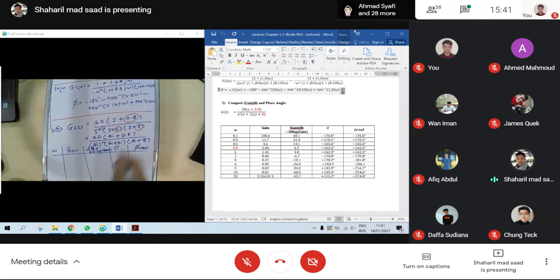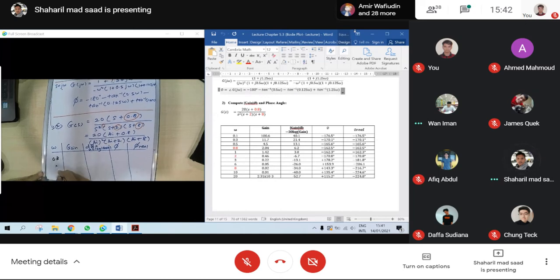So 0.8 here is your guideline, and 8 and also 2 will be located here.